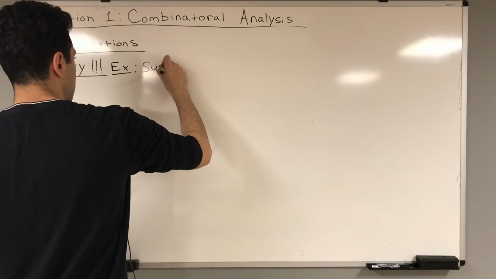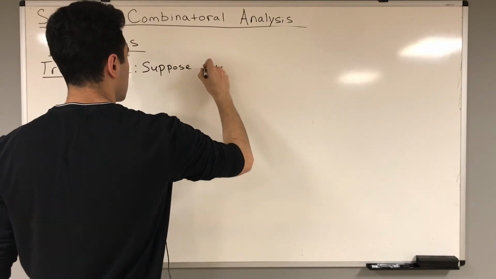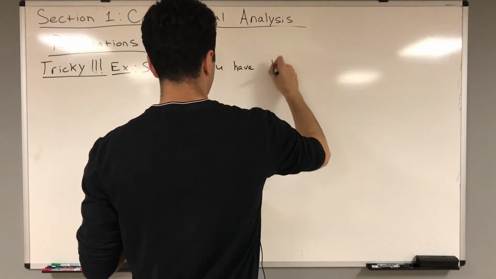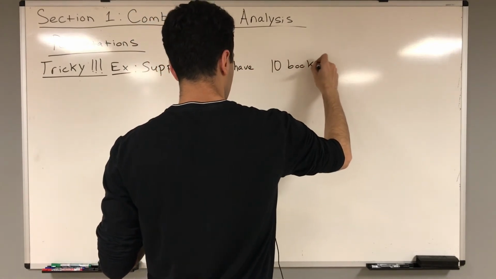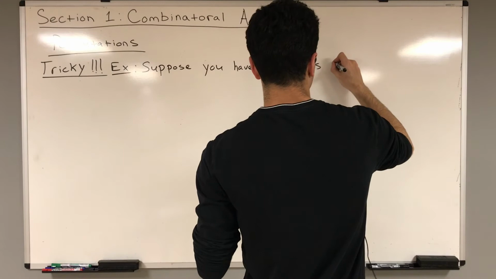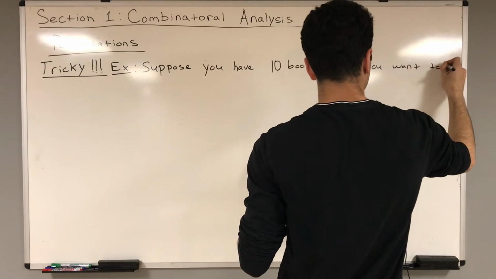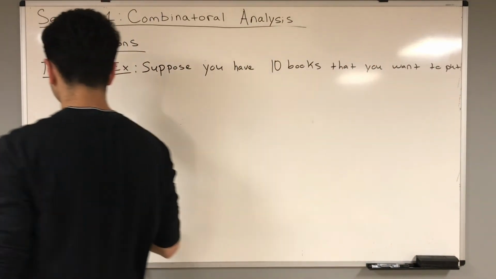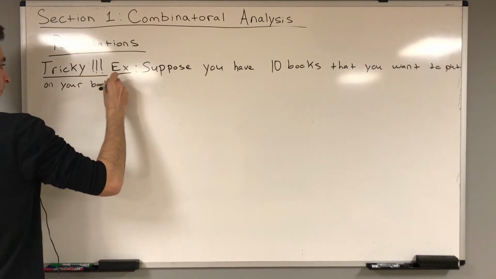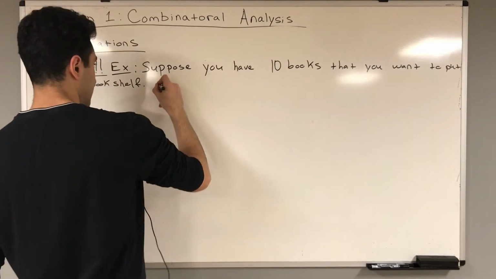Okay. All right. So here it is. So suppose you have 10 books, and you want to align them on your bookshelf. Okay, so you have 10 books.